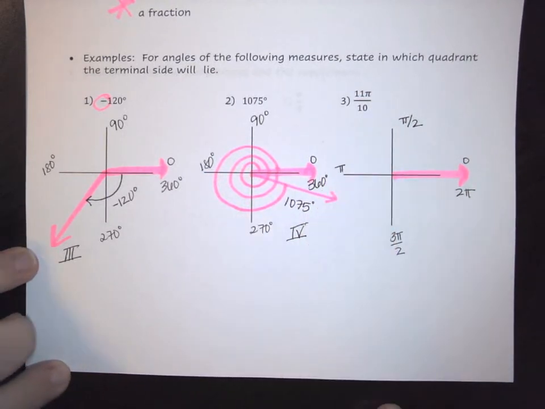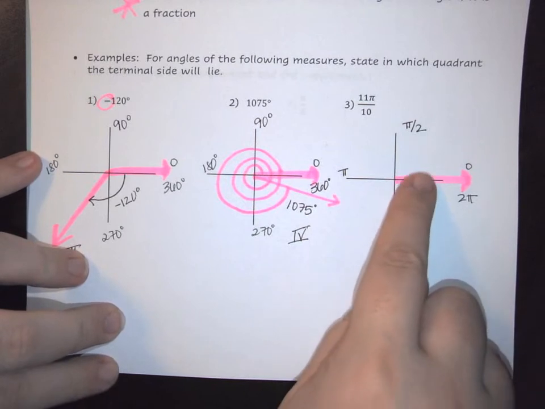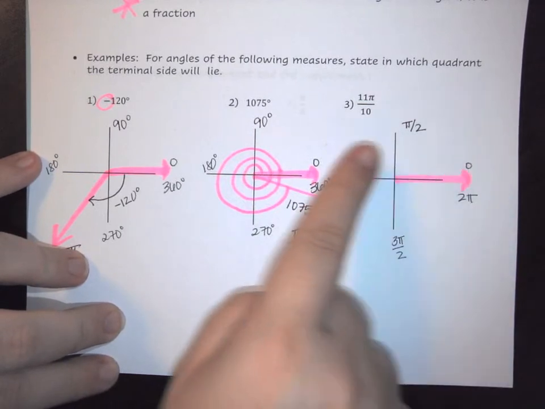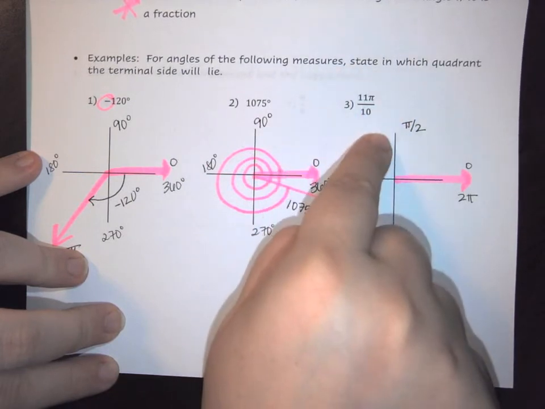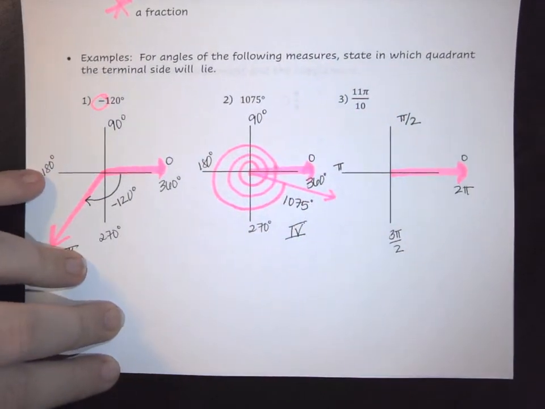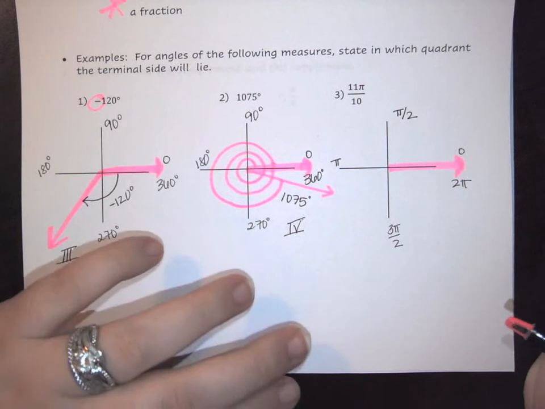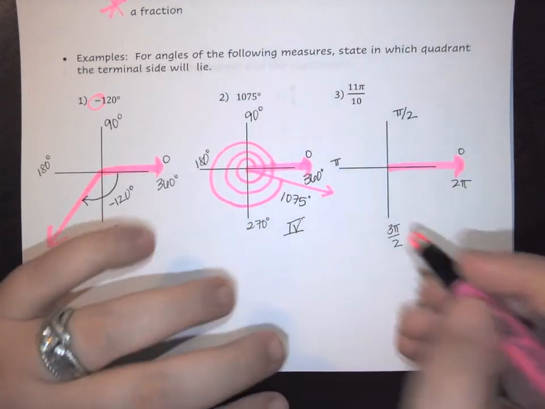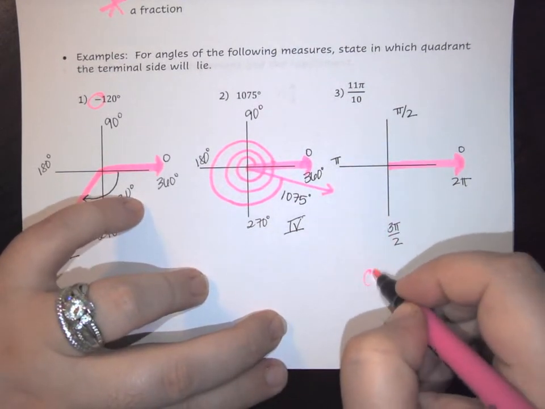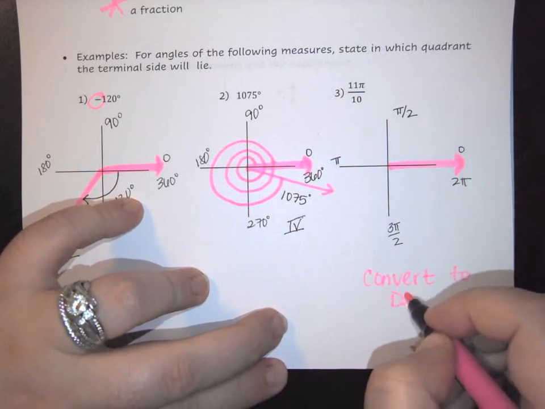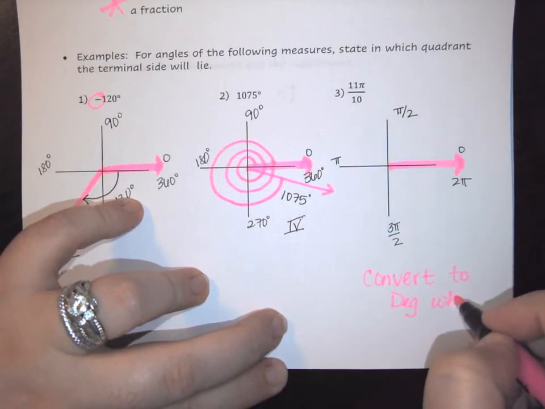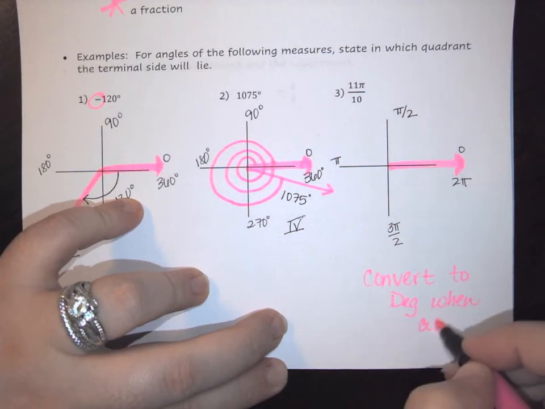What you would do is say, okay, if I went from 0 to pi over 2, then I would go from pi over 2 to pi, and we want to figure out where the 11 pi over 10 falls. Now, my advice would be to convert to degrees when able.